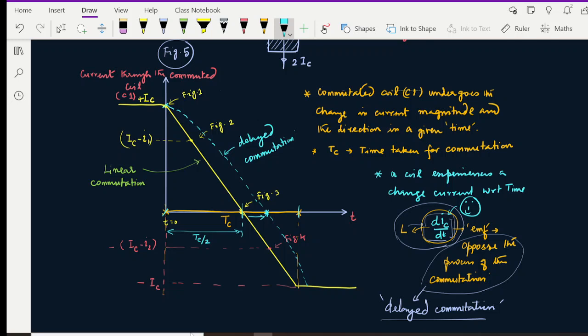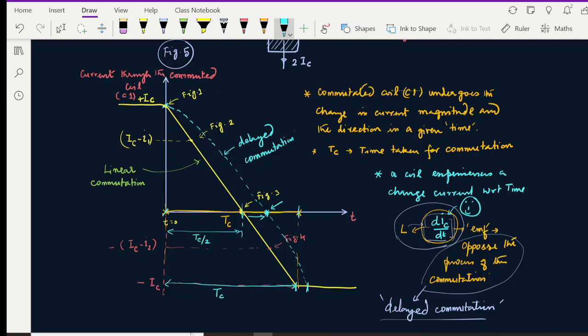Okay, let that be delayed. So what is getting delayed? The zero crossing of current, or the coil current becoming zero, is getting delayed. Don't ever forget this: look at this portion, because of this delay, though the time of commutation, listen carefully, this is my TC, correct?